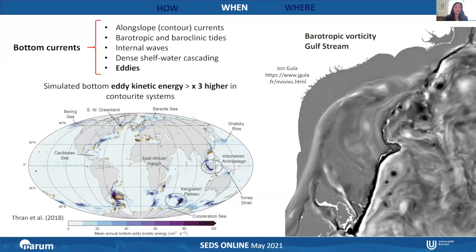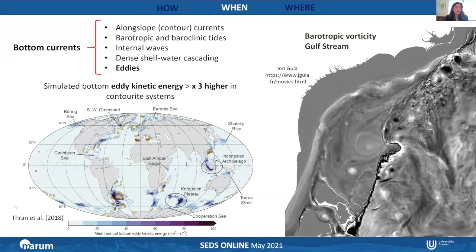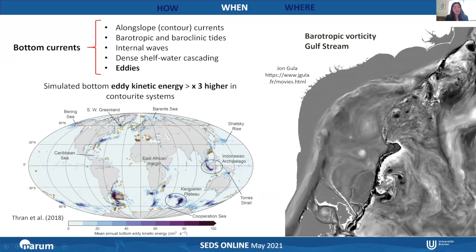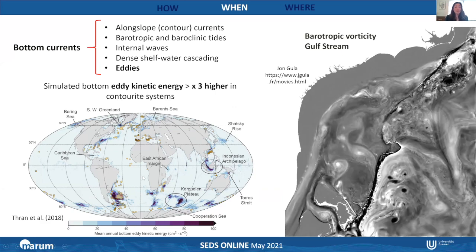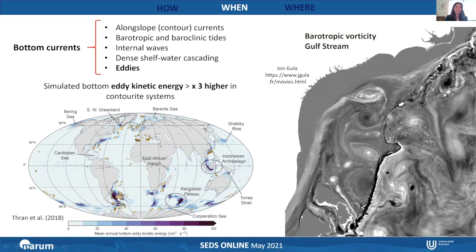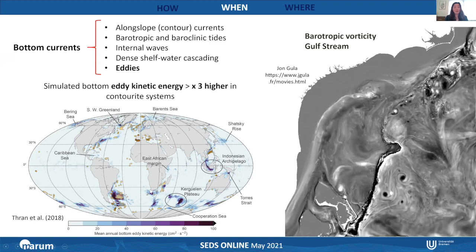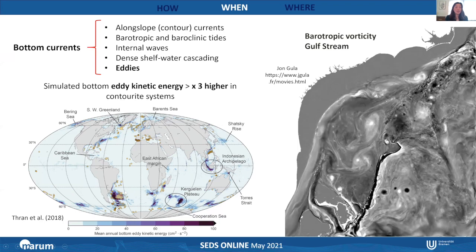And when we have a look at this idea, but on a larger scale, we can see from the results of Amanda Tran and colleagues, they did some modeling in the whole ocean of bottom currents, and they analyzed the variability of these bottom currents in the ocean floor. So the zones where there is high eddy kinetic energy, that means that there is high variability.